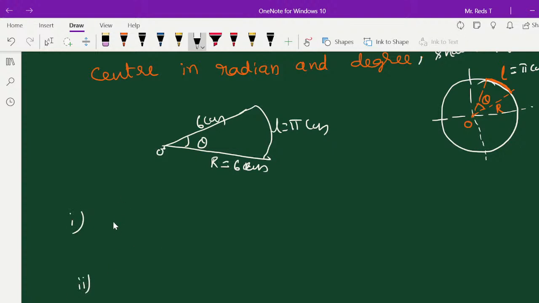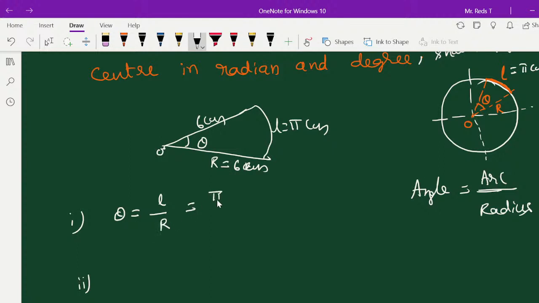We know the angle is equal to arc by radius. You have to remember this: angle is equal to arc length by radius. So angle theta is equal to arc length L by radius R. Here the arc length is given as 5 centimeters and R is given as 6 centimeters.